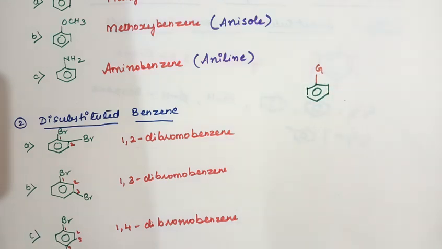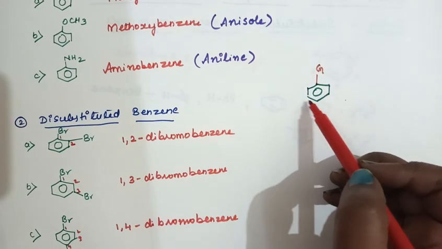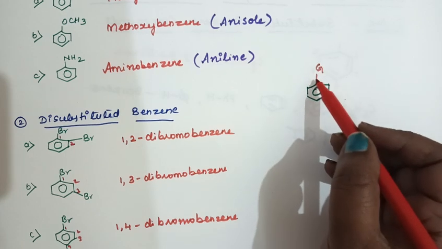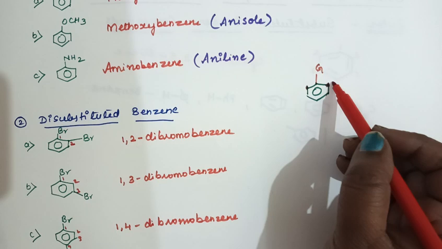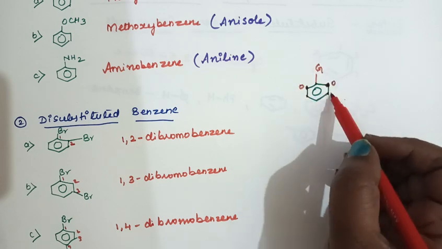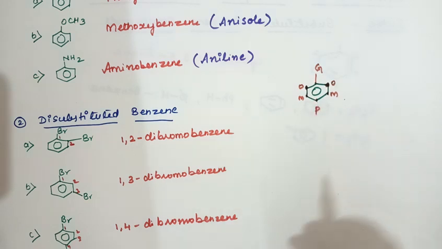So ortho, meta and para can be named only when two substituents are present. So here one group I will take. So next group can be present anywhere here. So students, here this is the group, the next carbon group. So here this position and this. So these two are ortho positions. This and this meta position. And this will be para position.